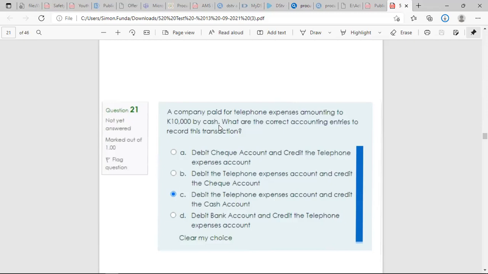So the telephone expenses are debits. You debit the 10,000 in the telephone account. Cash is giving out. You credit the cash account. So always the golden rule: debit the receiver, credit the giver. So debit the telephone expense account, and credit the cash account.